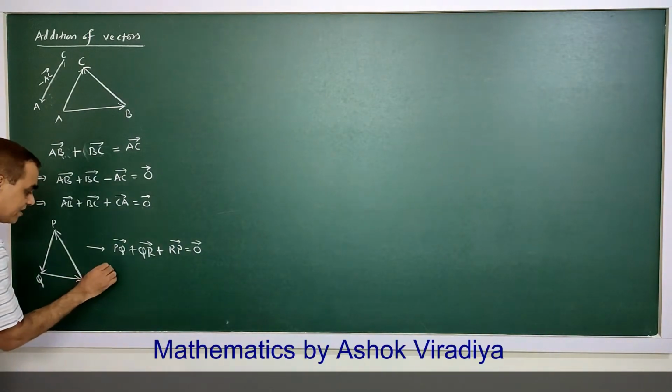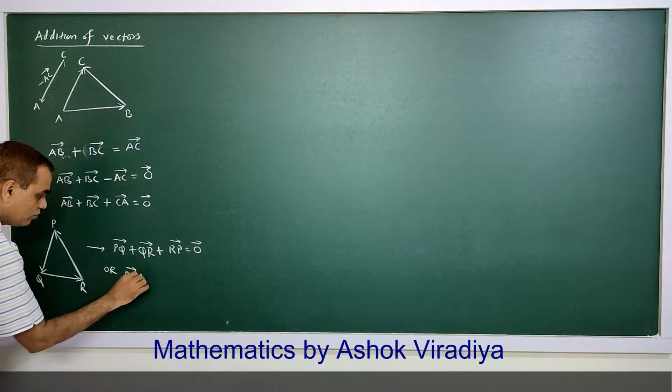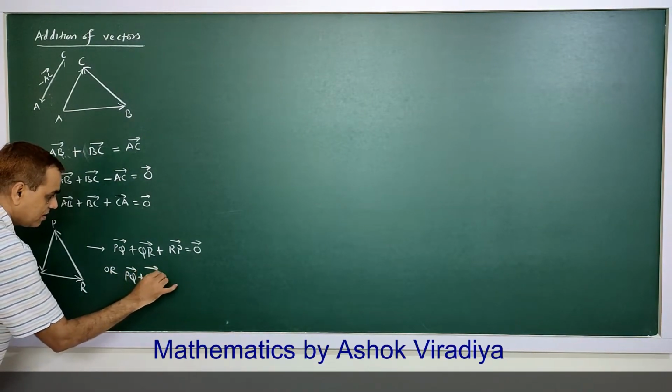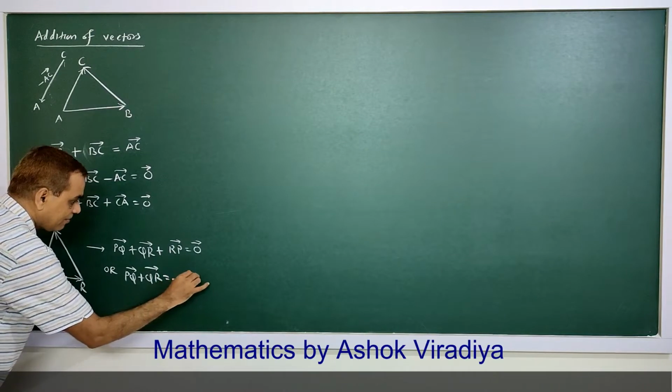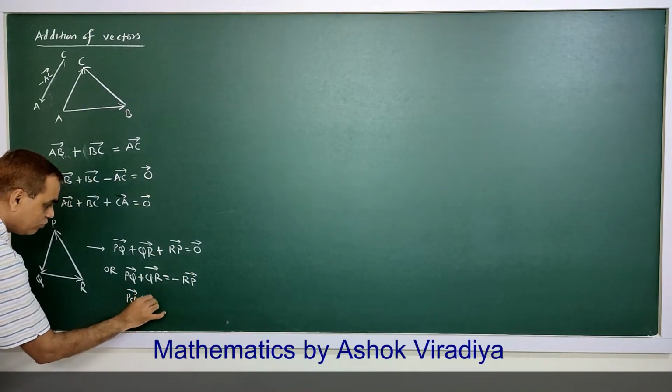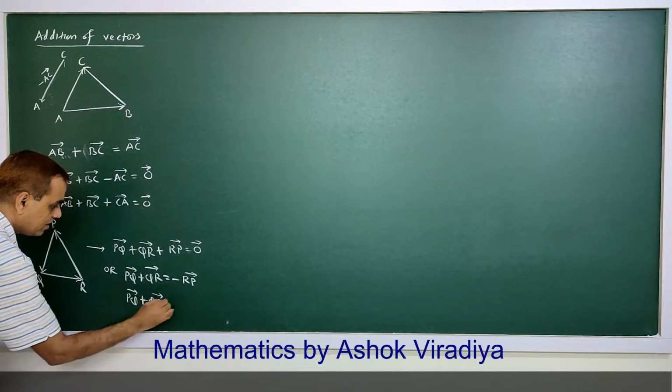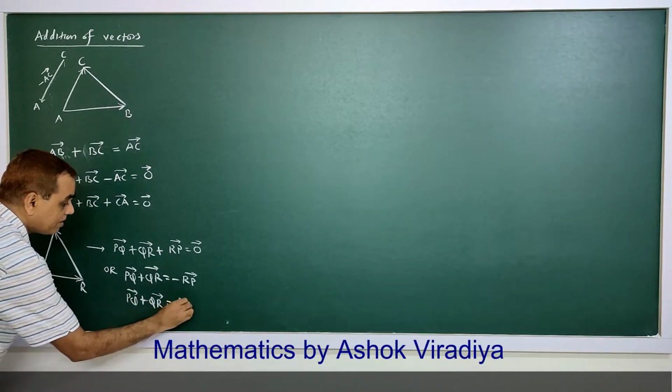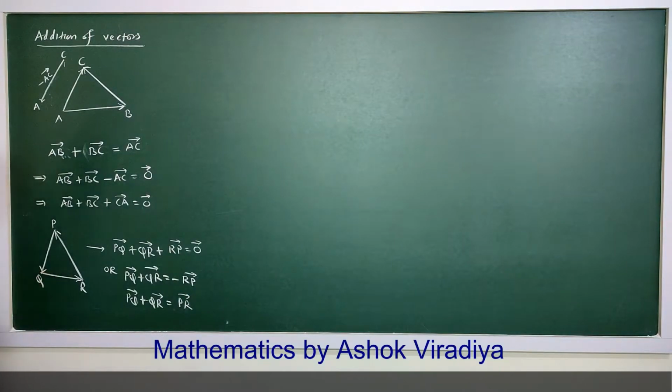Or this can be written as PQ plus QR equal to minus RP. Vector PQ plus vector QR is equal to vector PR. Now look here. This is vector PR.